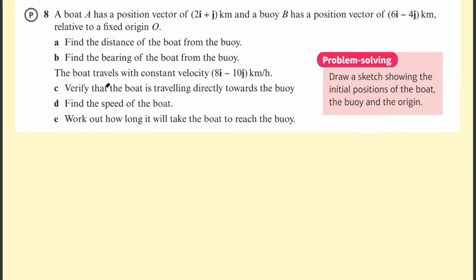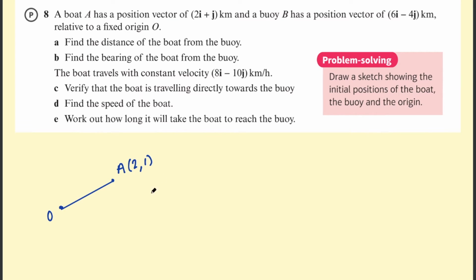So before I go any further with this question, I want to draw a quick sketch. So we have a fixed origin. Let's draw that down here somewhere. Let's call that O, and then we have a boat, which has a position vector of 2i plus j. So that's 2 units along the x-axis and then 1 unit up. So A is going to be somewhere here, and I'm going to represent that with coordinates.